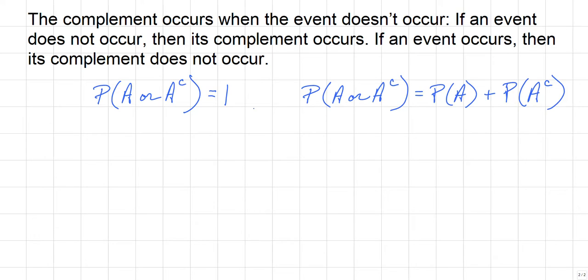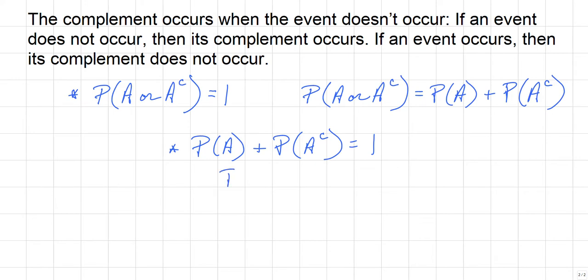In other words, if I add the probability of A occurring to the probability of A complement occurring, that's going to be equal to 1. And you'll notice how this statement flows and generates this statement. Now, what that means is I now have a formula for finding the probability of A complement, given that I know what the probability of A is.